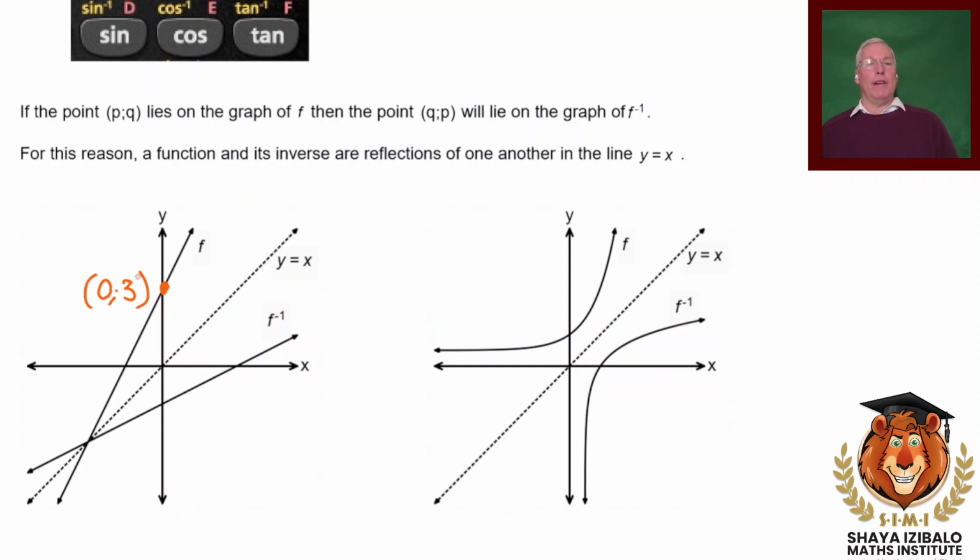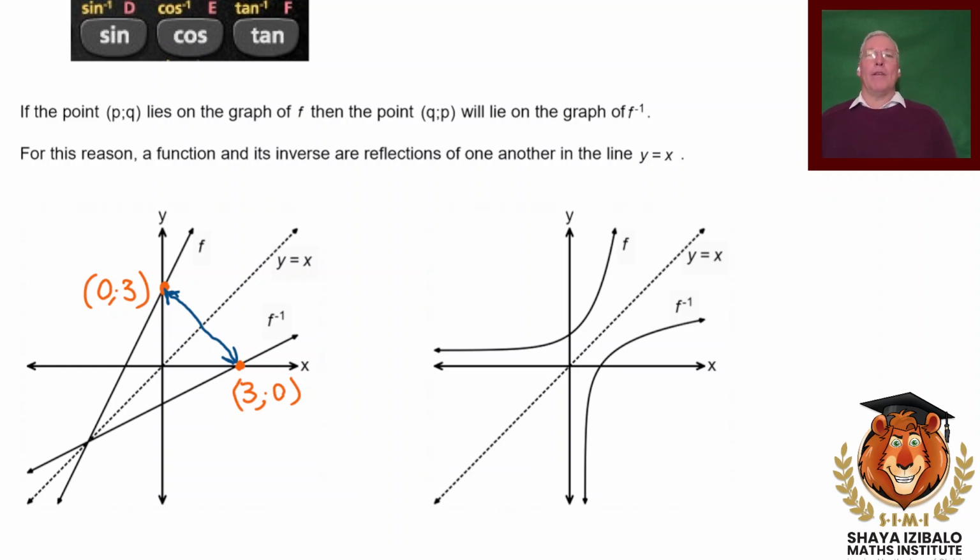So when we put 0 into the function, we get 3 out. The inverse undoes that. So when we put 3 into the inverse, we get 0 out. And what you'll see is that, in fact, this point is reflected across here, as if this is a mirror. I will show you a sketch just now to help you understand this a bit better.